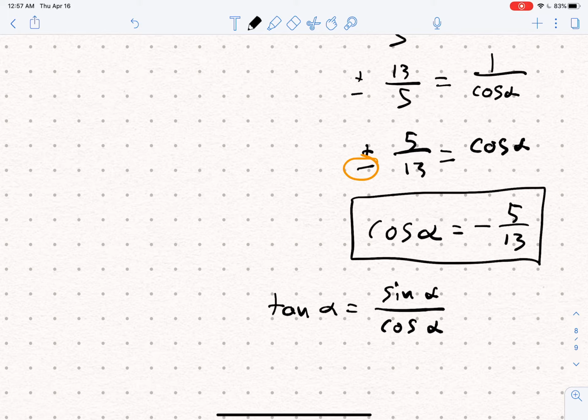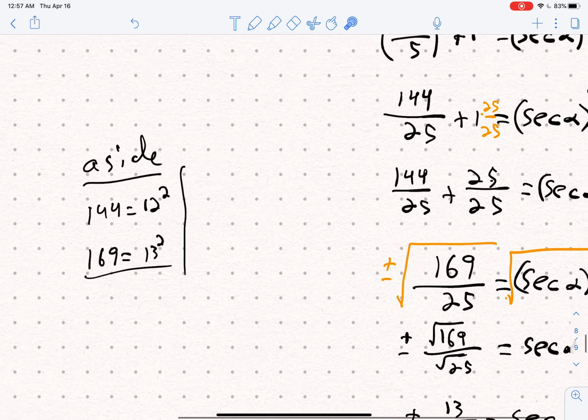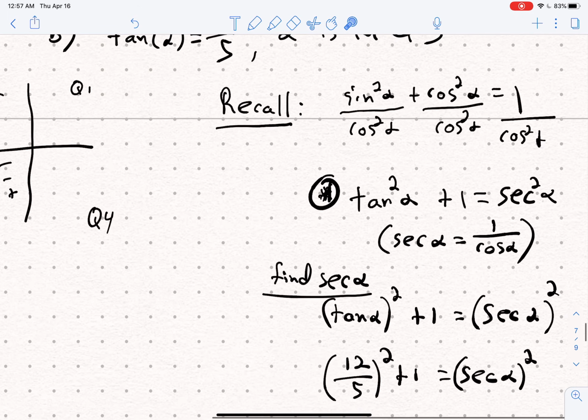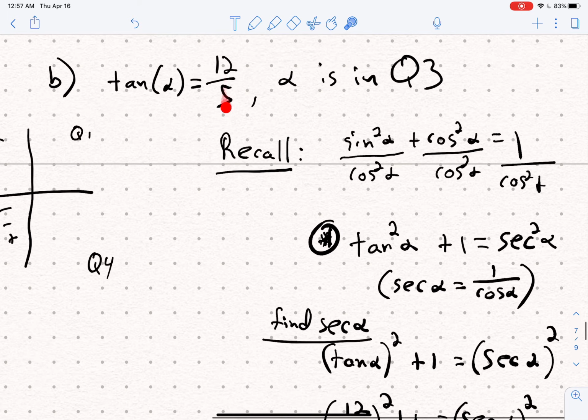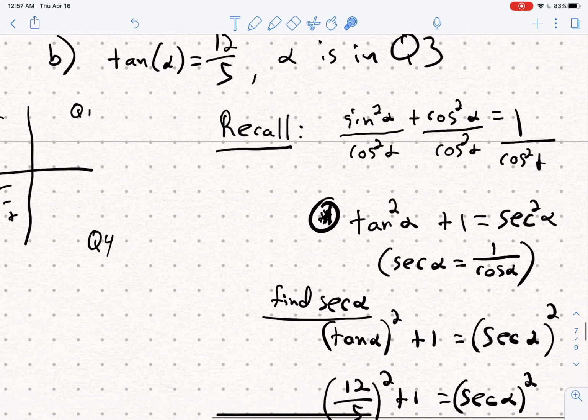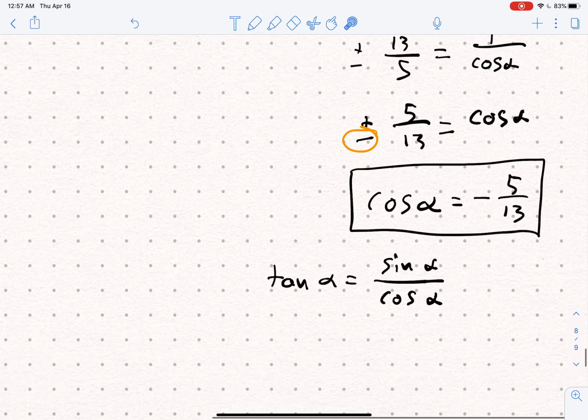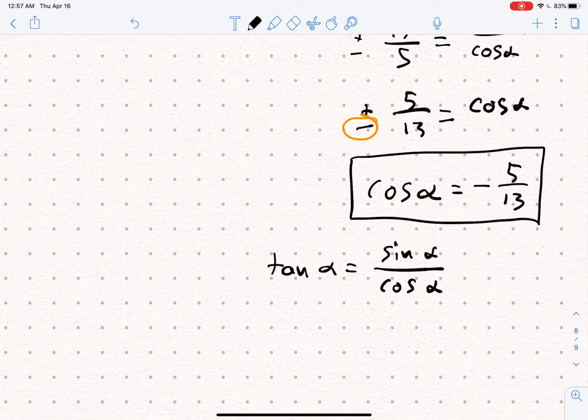And the nice thing about this is that we happen to know what cosine of alpha is. It's negative 5 over 13. And we also know what tangent of alpha is. That was given to us at the beginning. The tangent of alpha was 12 over 5. So let's go ahead and put those two numbers in. Tangent of alpha, 12 over 5, is equal to sine of alpha over negative 5 over 13.